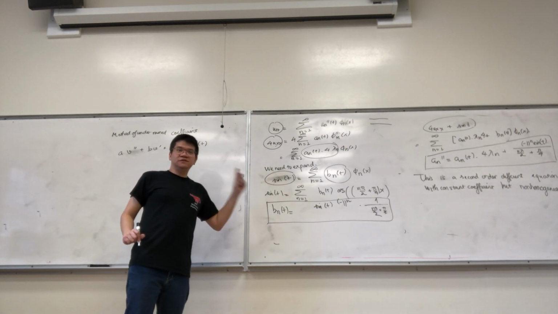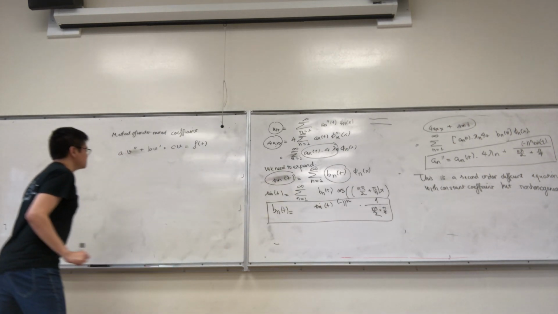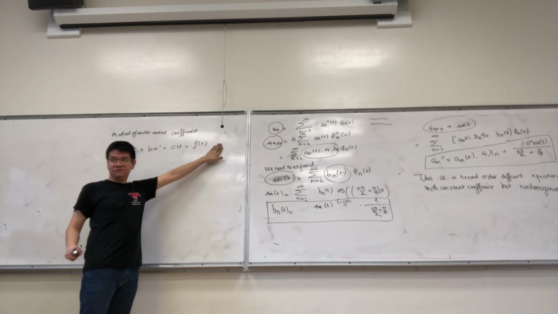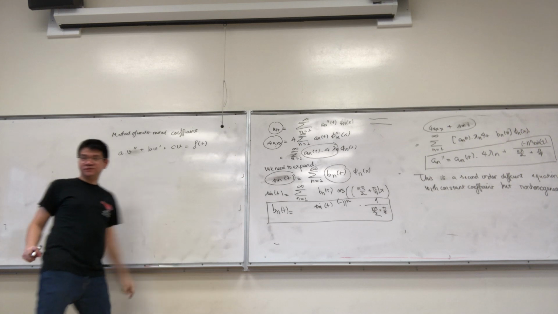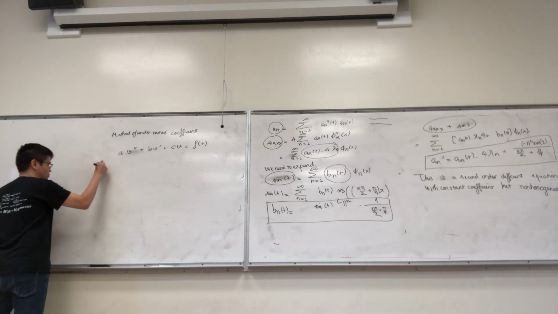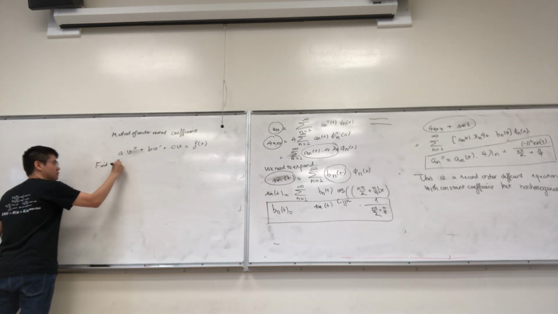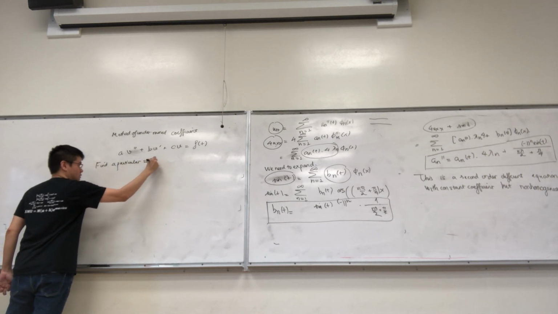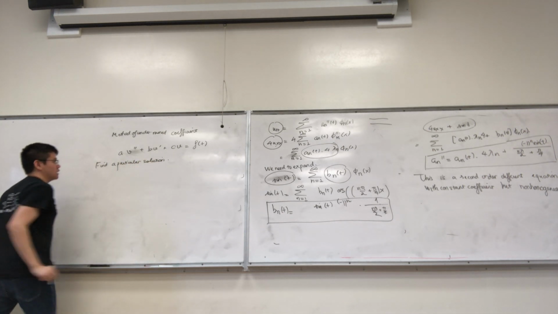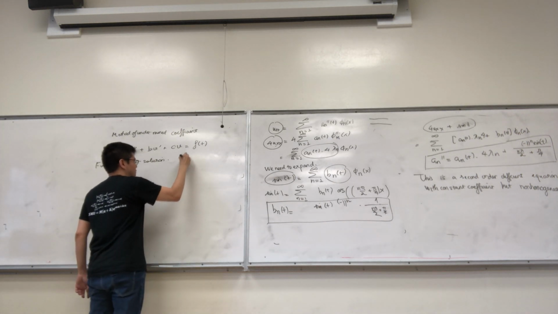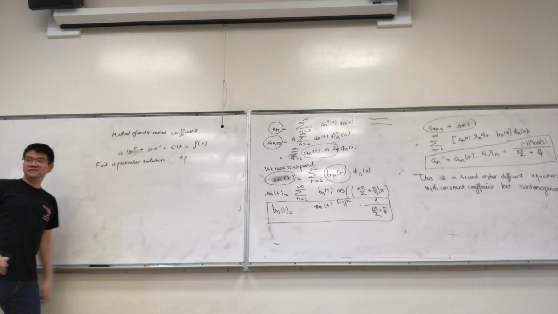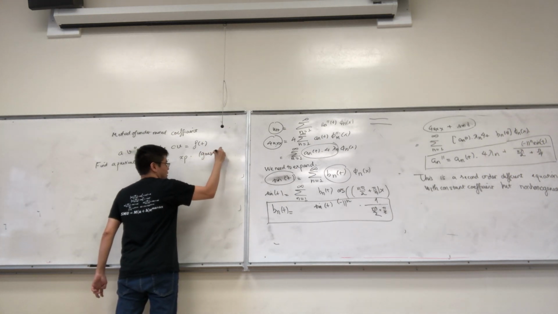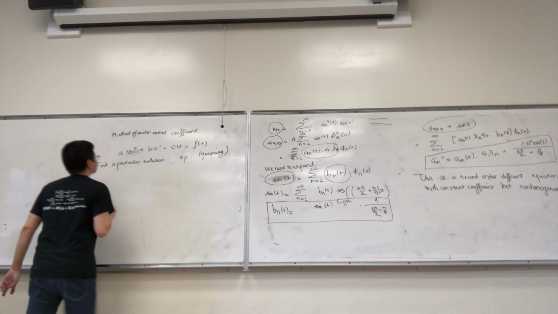Whenever you see this equation in which f(t) is non-homogeneous, f(t) is not 0, what you do is the following: you find a particular solution, vp. So this is guessing. This is review.